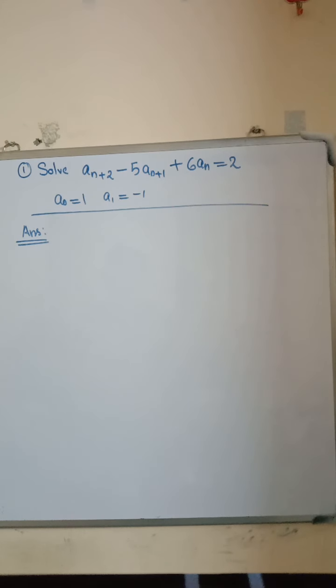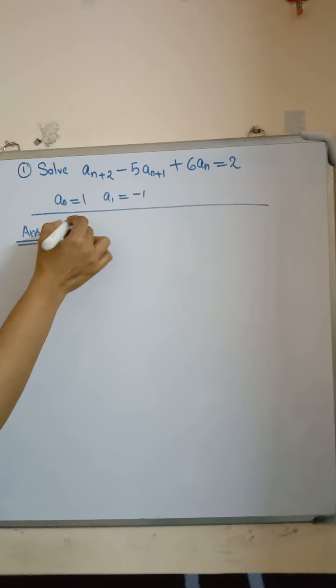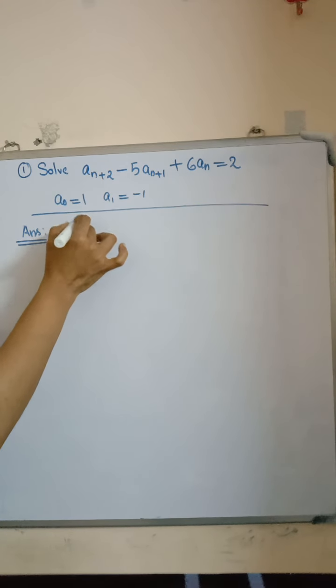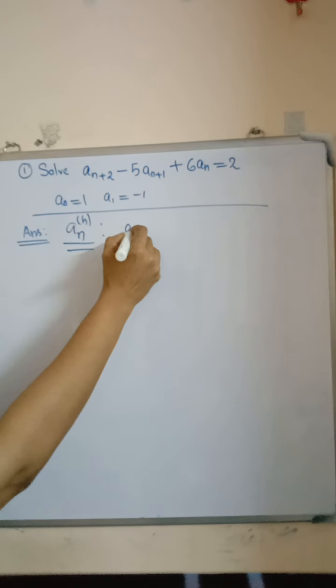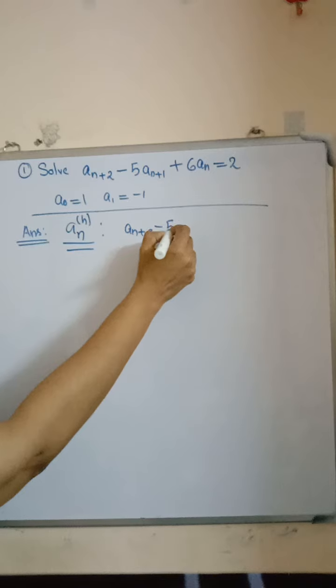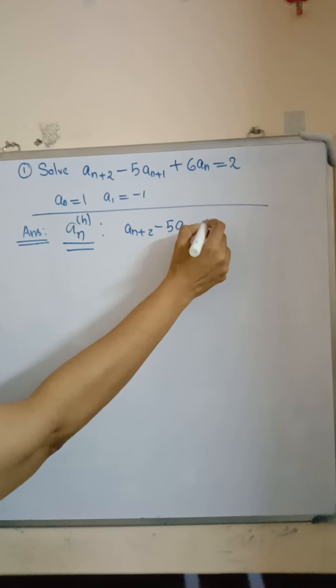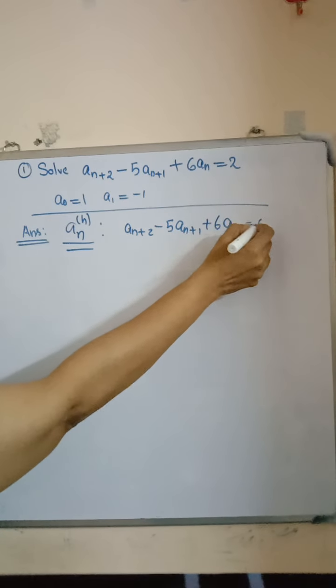Now the problem to be solved: an plus 2 minus 5 an plus 1 plus 6 an is equal to 2, where the initial conditions given are a0 is equal to 1 and a1 is equal to minus 1. First we find the homogeneous solution, that is an h. Here the homogeneous part is an plus 2 minus 5 an plus 1 plus 6 an equal to 0.